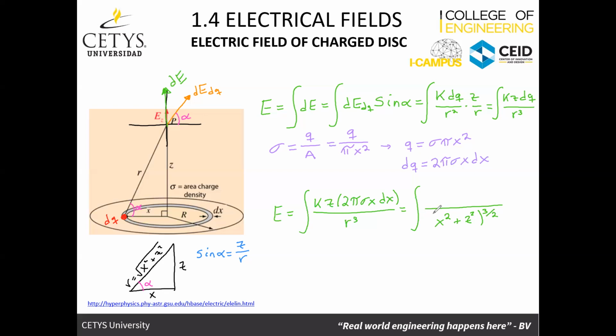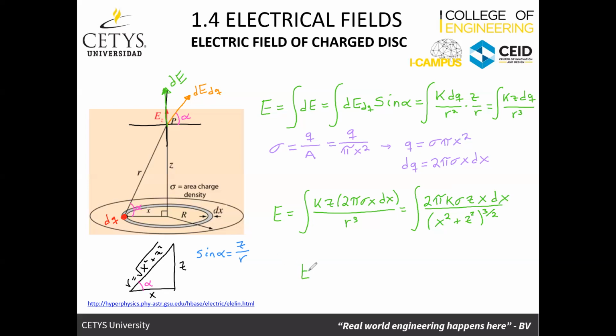You got to be careful with that because I always write 2/3. It's 3 halves. And over here, we're just going to organize these things. So I'm going to say 2 pi k sigma z x dx.